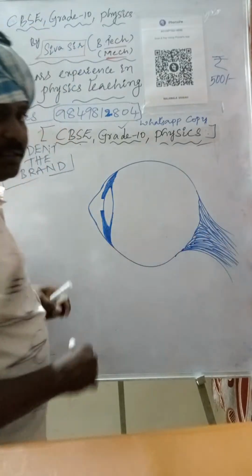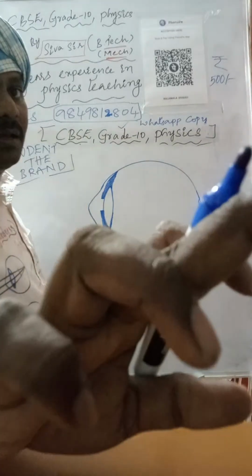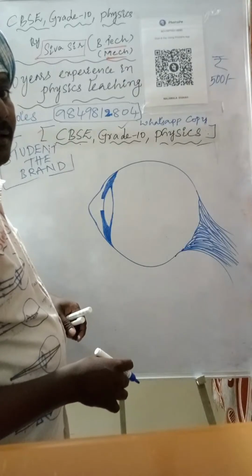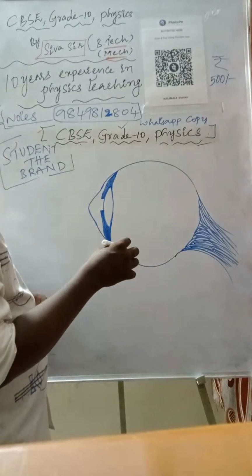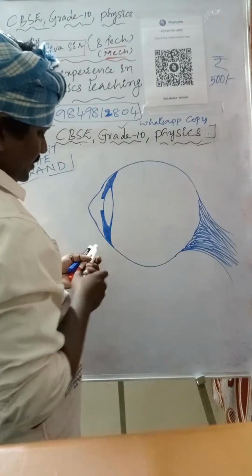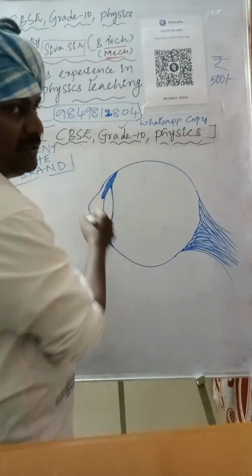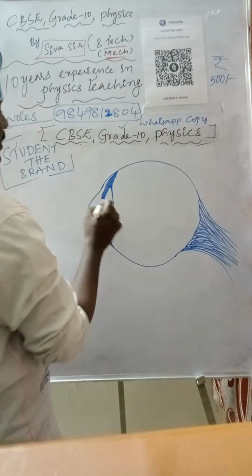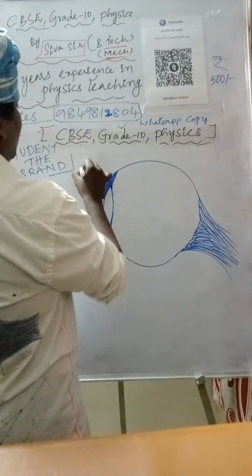So I'm considering these as the optic nerves. This is the cornea. This front portion is considered the cornea, where most of the refraction takes place.